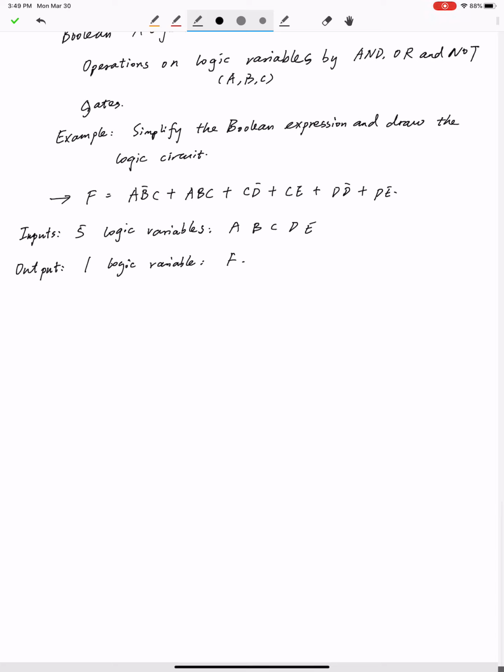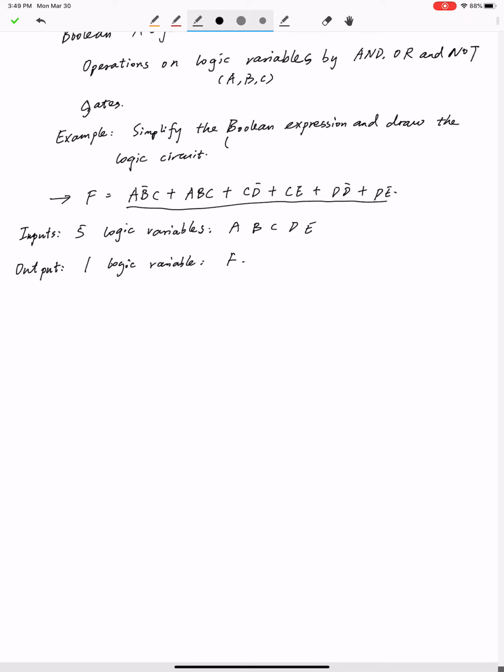And for this expression, we can do some operations to simplify these Boolean expressions. Here we use Boolean expression as equivalent to logic expression or digital expression, because Boolean has 2 states, right?